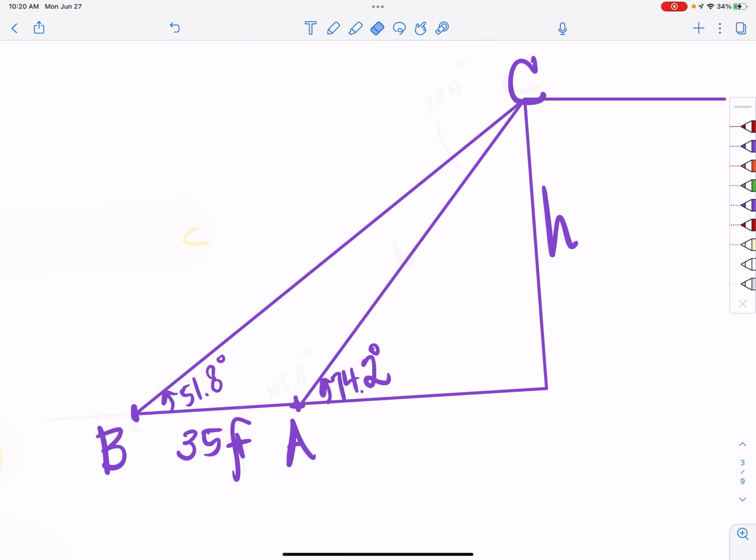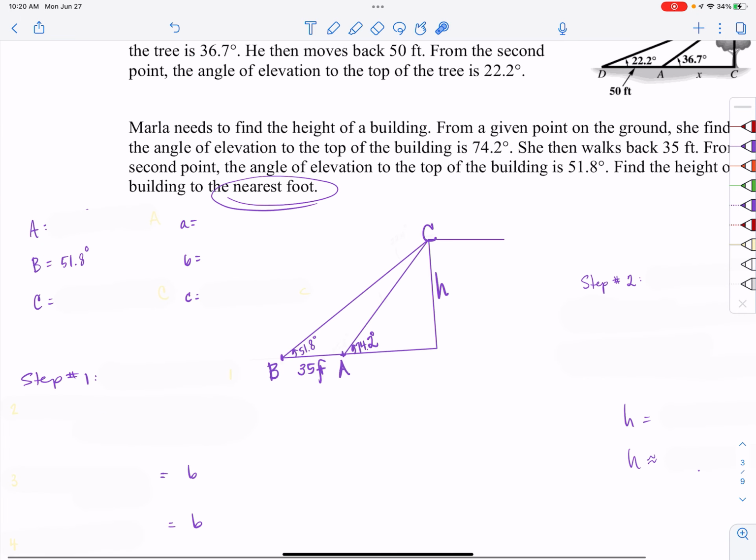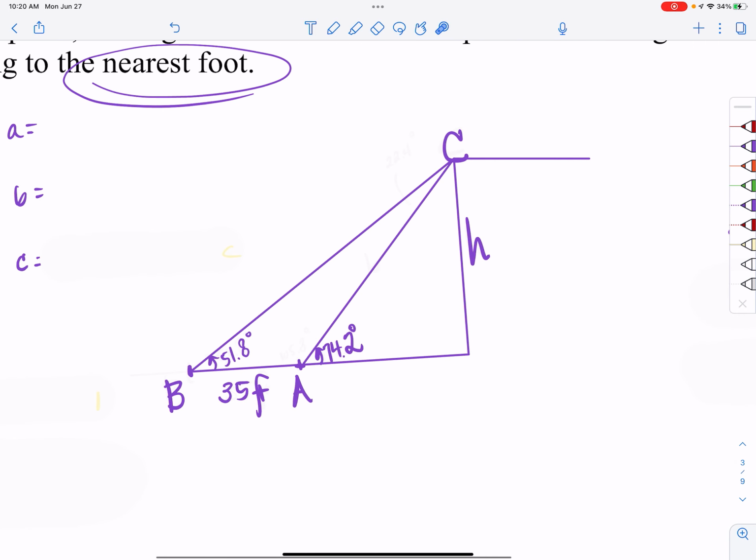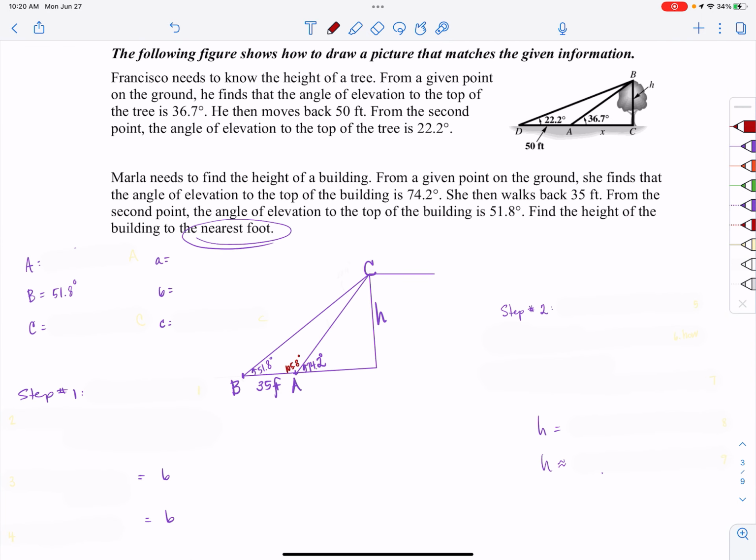Let's look at why that is, because angle A, which is this one right here, is an obtuse angle, and this angle that I already found, my angle of elevation, these two are supplementary. So all I have to do then is take my 74.2 degrees and subtract from 180. And when I do that, I'm going to get 105.8 degrees. All right, so that's going to be my angle A.